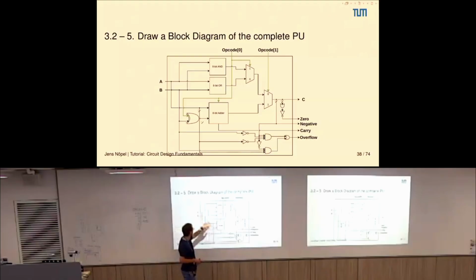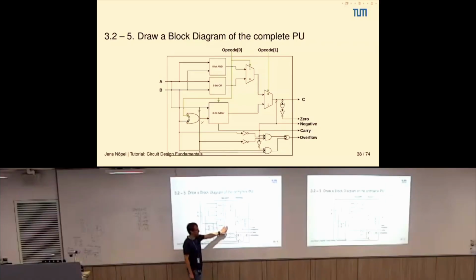So input A, input B. This is now the XOR we've seen before, right? We use this XOR gate here to negate B if we want to do the subtraction. And this also depends on the opcode. So now if opcode bit 0 is 1, we do the subtraction. Otherwise, we do the addition.